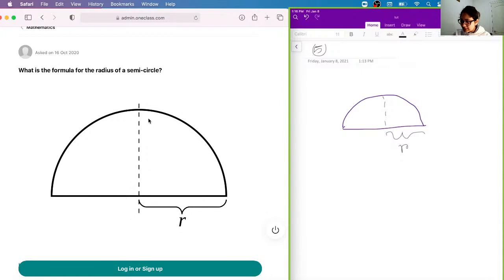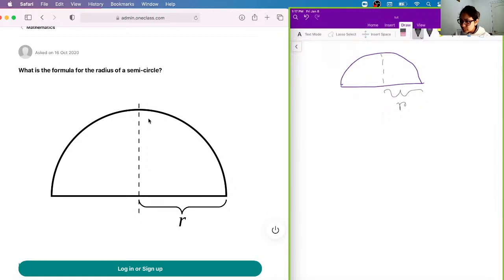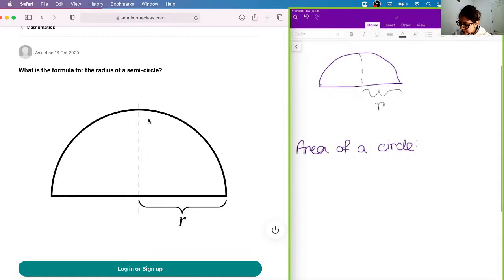To find the radius of the semicircle, we first have to address the area of the semicircle. The area of a full circle is A equals pi r squared.